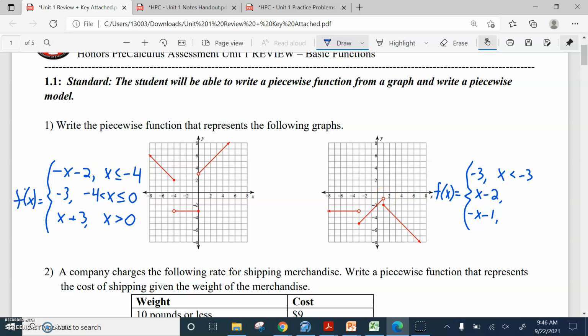So that's -3 including -3 but not including 1. And our last one would just be x is greater than or including 1. So there you go. Question 1.